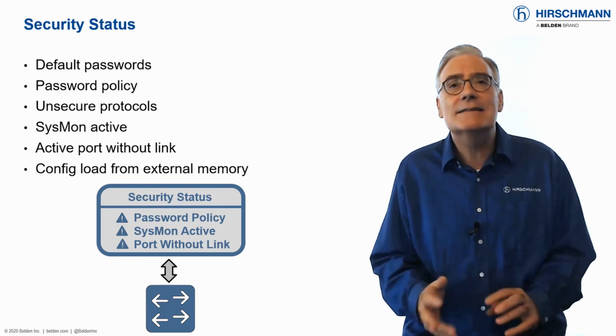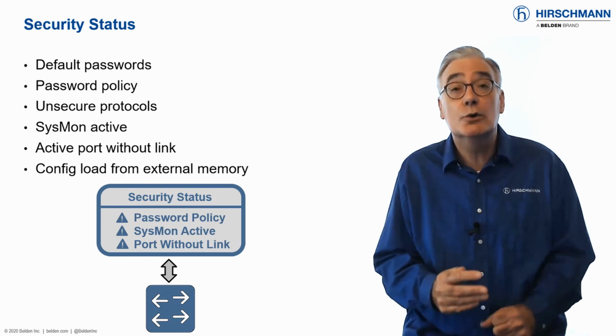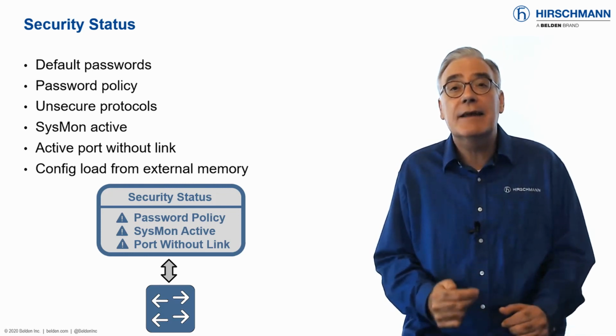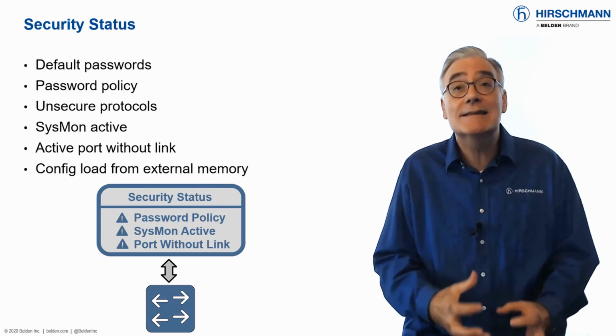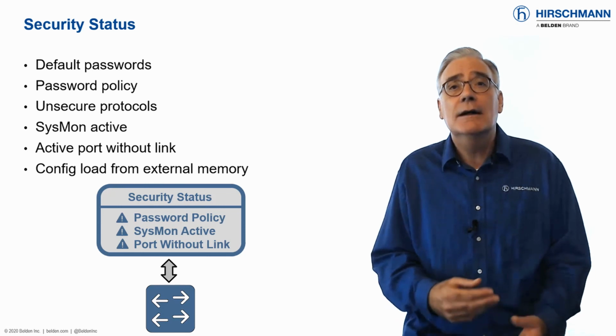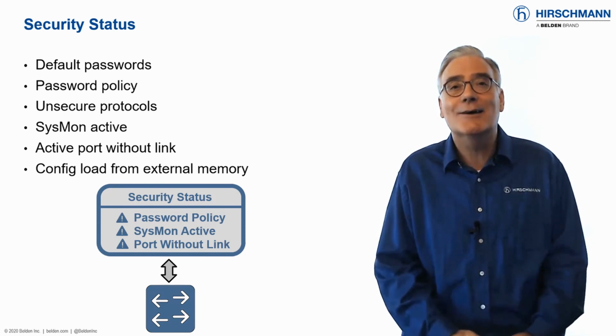From this list, you can select which functions are important to your network. An alarm will be generated if one or more of your selected functions have not been activated. This means you will be notified about unsecure configurations.